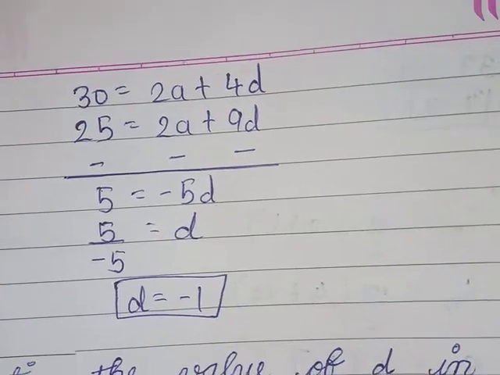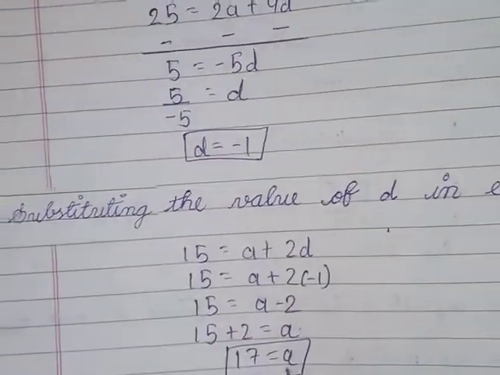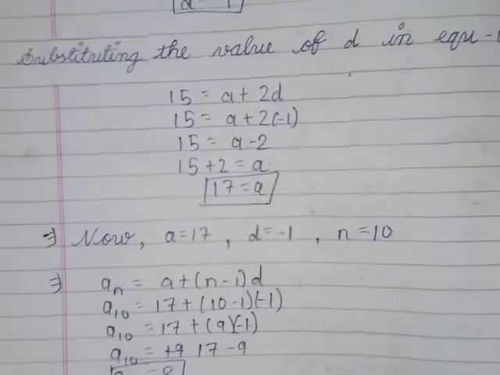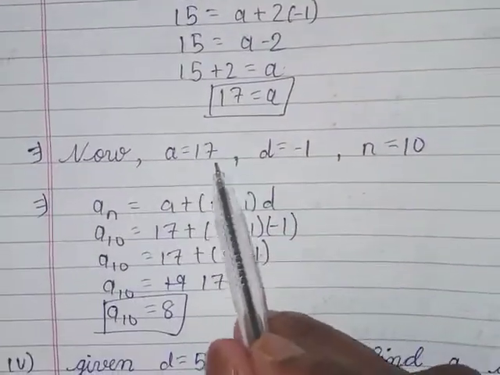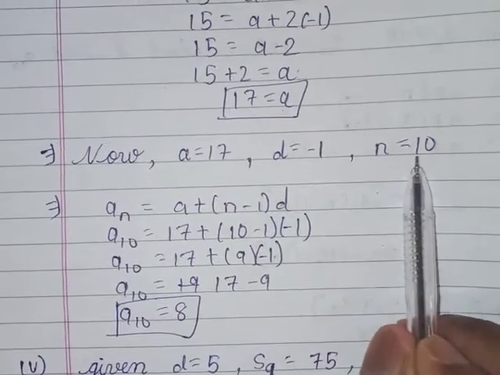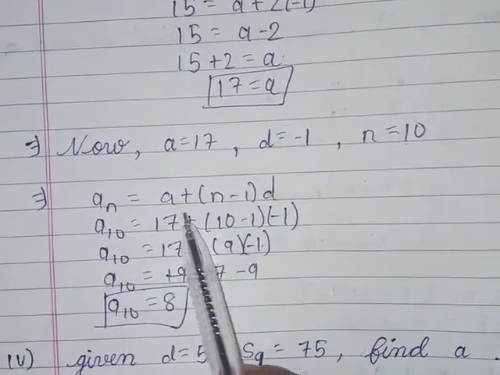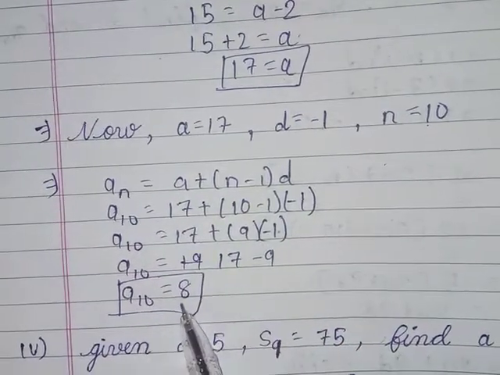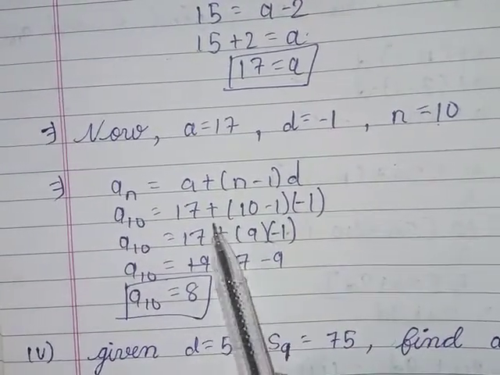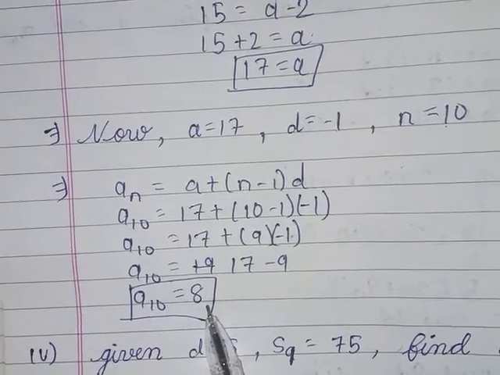Substituting this value in the equations, we get A is equal to 17. So now we have A is equal to 17, D is equal to minus 1, N is equal to 10. So An is equal to A plus N minus 1 into D. So A10, substituting this value, we get A10 is equal to 8.